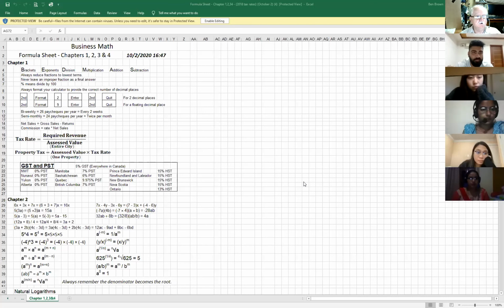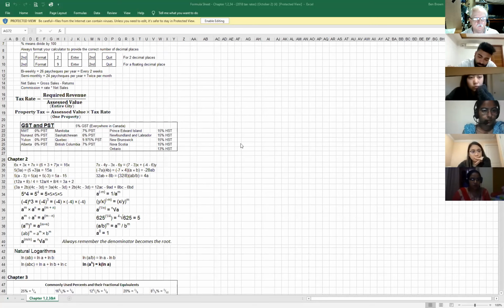Yes, sir. Okay, and so you want to print this formula sheet out. But notice here, we've got GST and PST, 5% everywhere. And they're in Manitoba, Winnipeg, Manitoba. And the important number we're looking for here is 7%. In order to calculate this question, we need to know about this 7%.